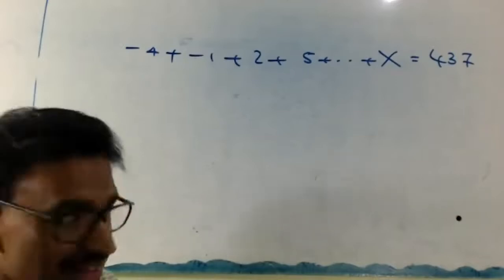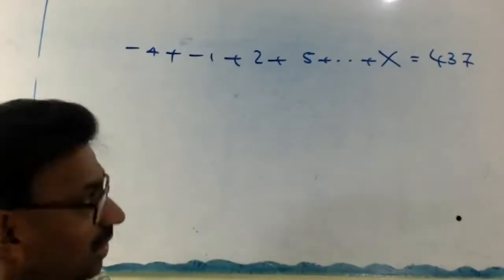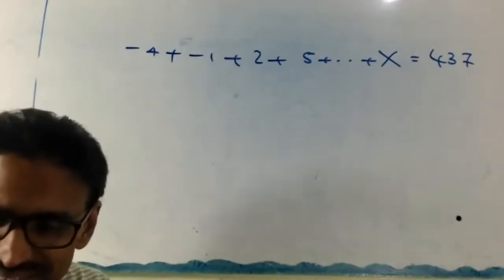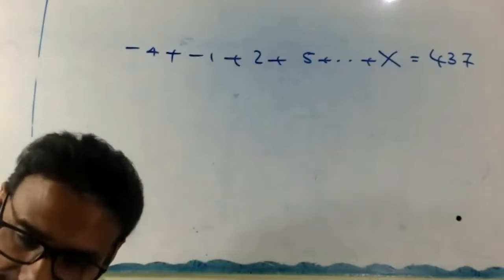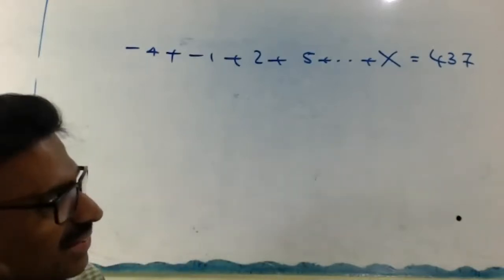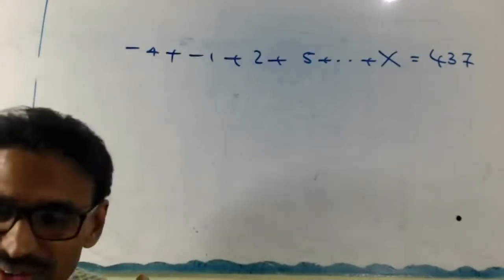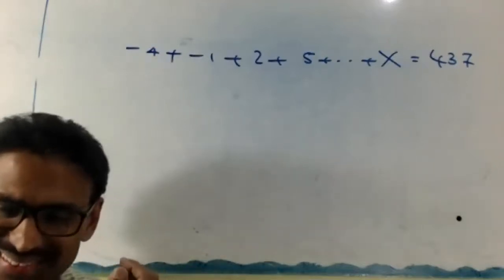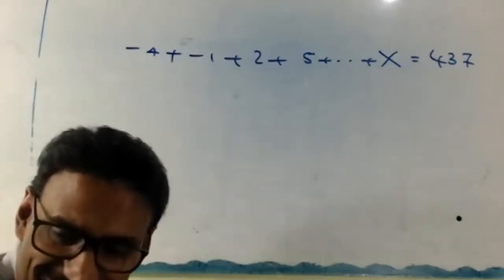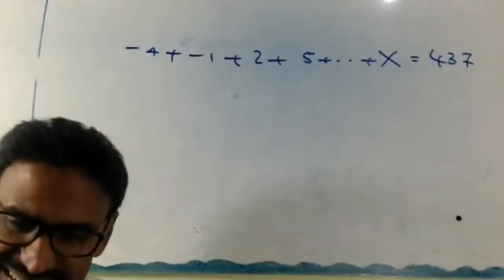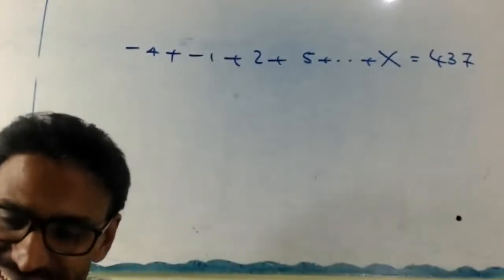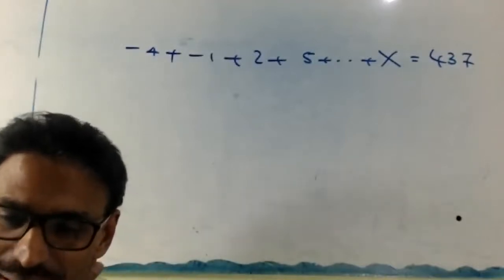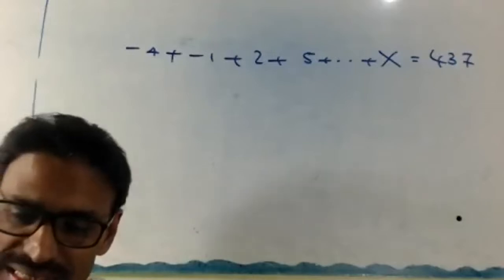When we add all the numbers, we'll get only 437. You got one number as 1304? Come on. Look here. Okay, let us see.